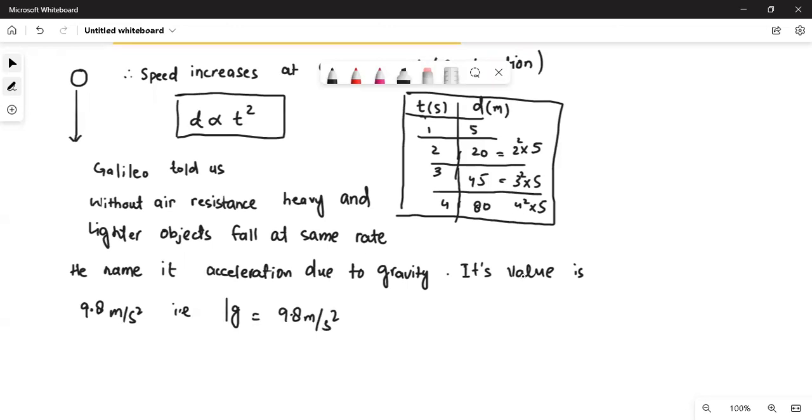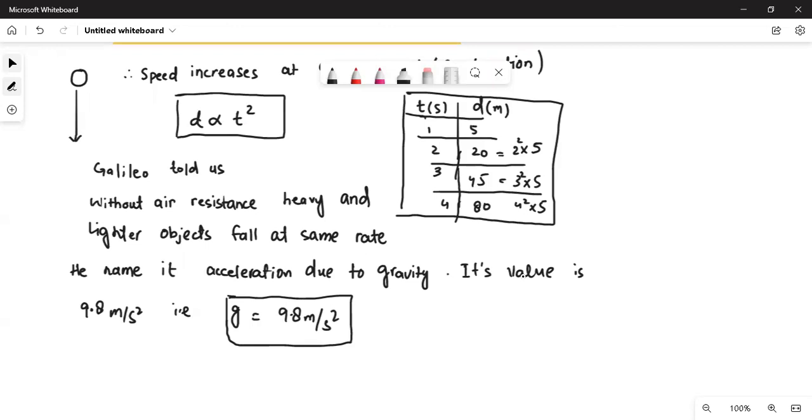Third thing is, when something is falling, as it keeps on falling, its speed increases until a certain level. That is called maximum speed. After that, it will not increase further and it will become constant. I'm repeating my statement.